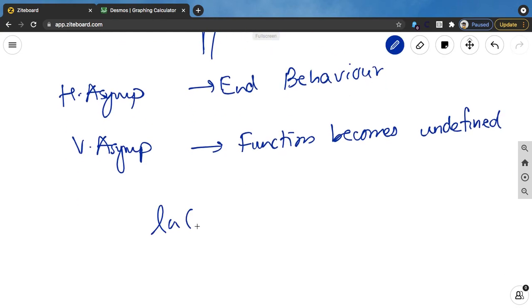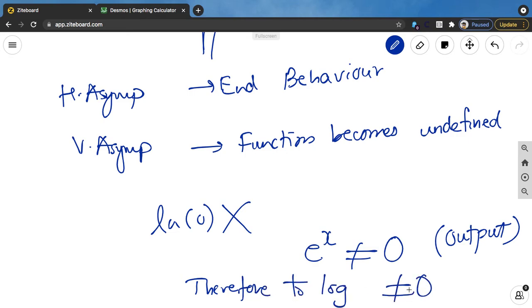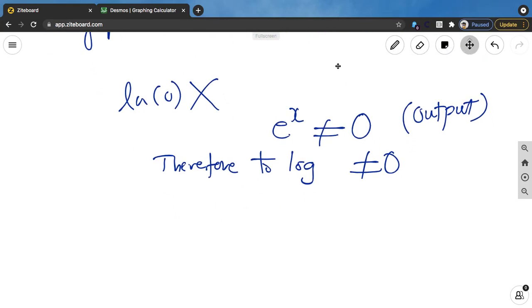So ln of 0 is a wrong thing. Why is that so? Well, e raised to x can never become 0. So the output of an exponent cannot be 0. Therefore, input to a log cannot be 0. They are inverse of each other, right? The output of the exponent becomes the input to the logarithm. That's why if the output of an exponent cannot be 0, then the input to log cannot be 0. So there is nothing called log of 0.